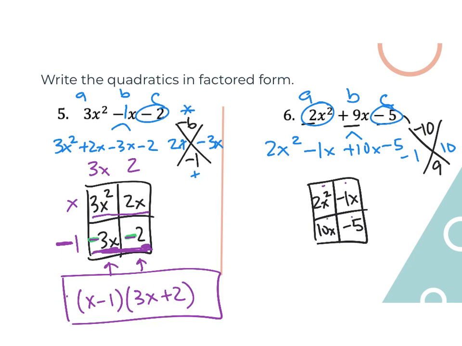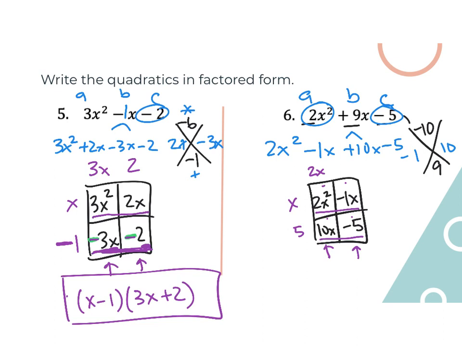Okay, so let's look at each row in each column. This first row, the only thing I can take out of that first row is an x. This second row, the only thing I can take out of that second row is a 5. 10 and 5 have a common factor of 5. Let's look at this first column. From 2x squared and 10x, I can take out a 2 and an x. And from this second column, I can't take anything other than 1.